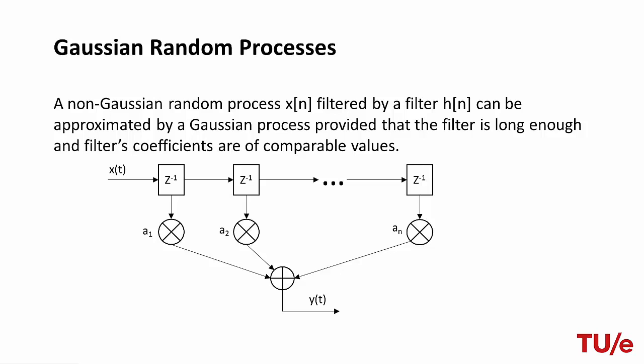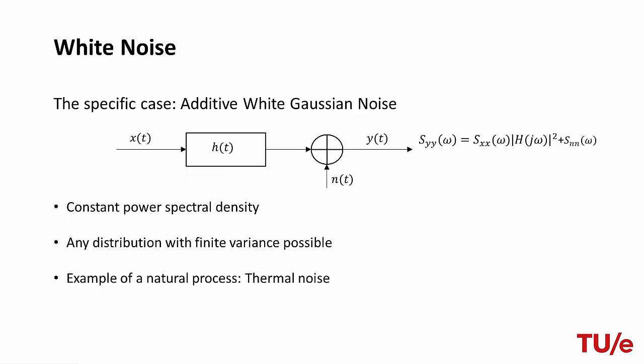If the coefficients are of comparable values and the number of delay taps is enough, the output can be approximated as a Gaussian process. Here, we should note that the meanings of long enough and comparable should be analyzed specifically for each problem. The second random process in our list is white noise.